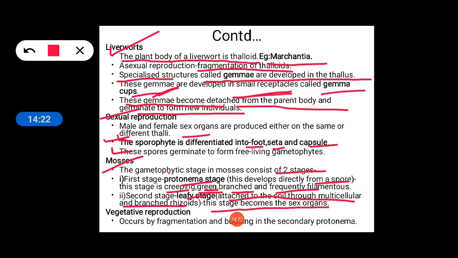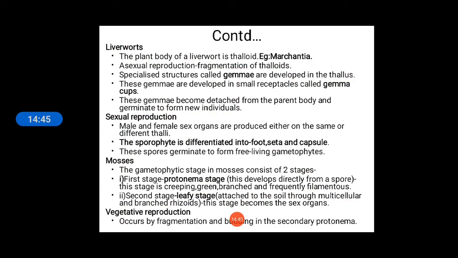Later, this leafy stage bears the sex organs of the mosses. Vegetative reproduction occurs by fragmentation and budding in the secondary protonema.